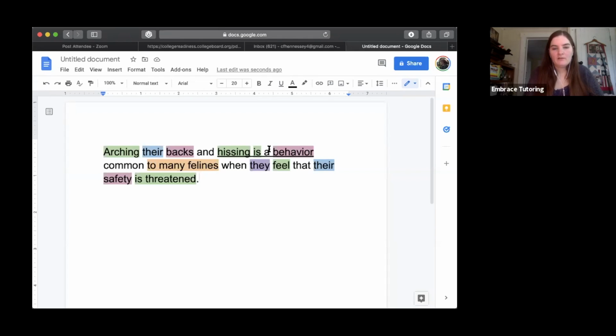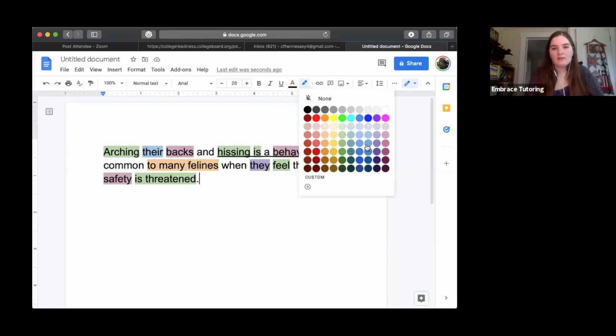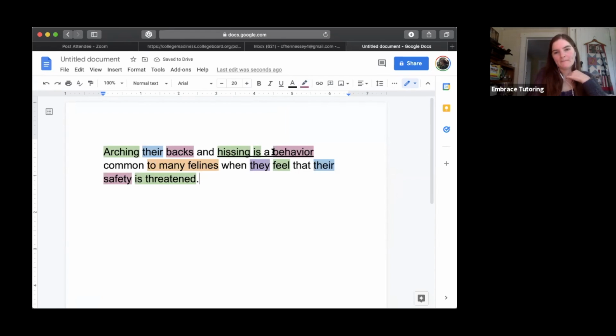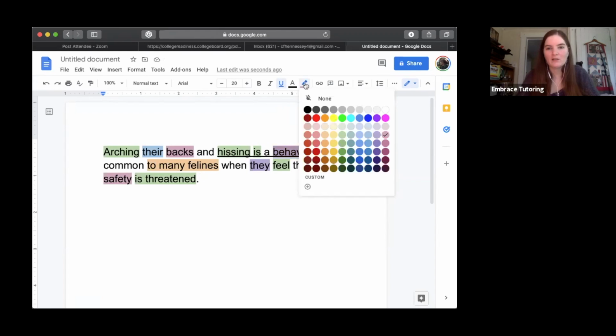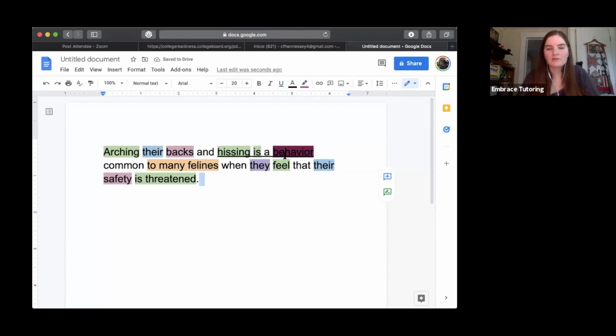Okay. We're also going to identify a difference here. We have behavior, and behavior is acting as an object, a noun that is acting as an object. So that can't be our subject.